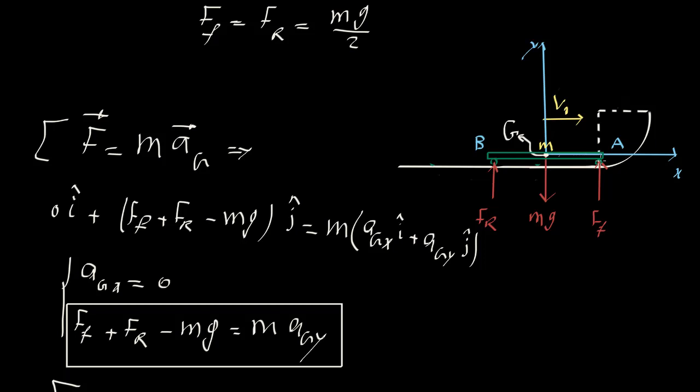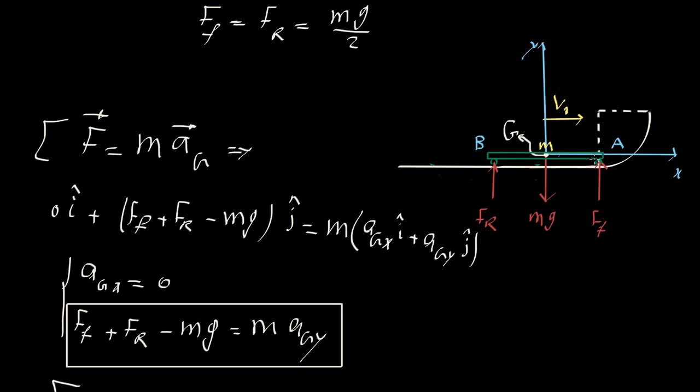So this is just a moment, kind of like when we say that something just starts moving, its initial velocity is equal to 0. Or when we say that this starts to rotate at this point, its initial angular velocity is going to be 0.